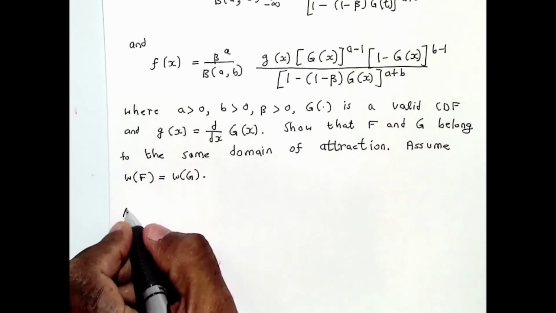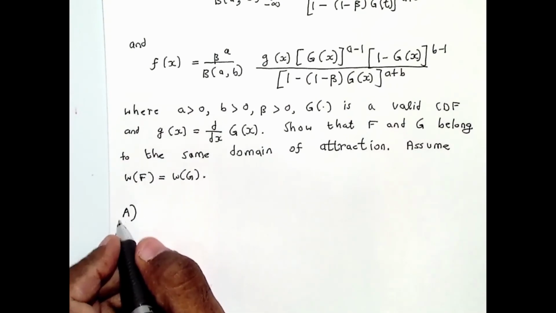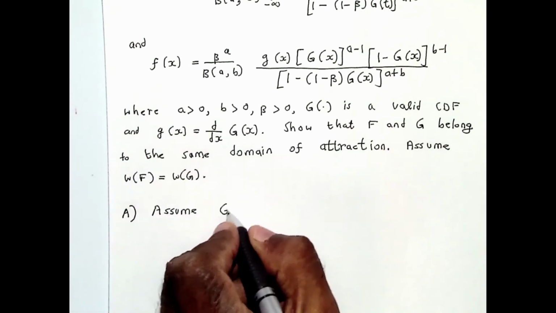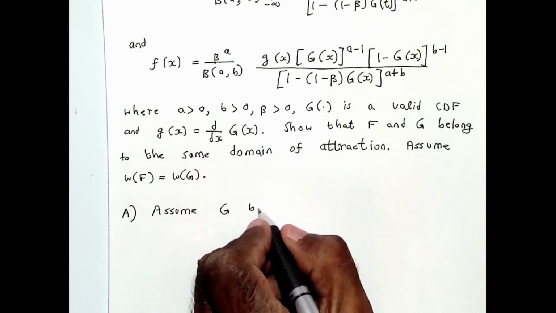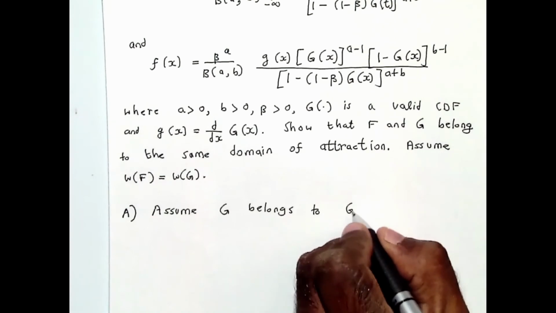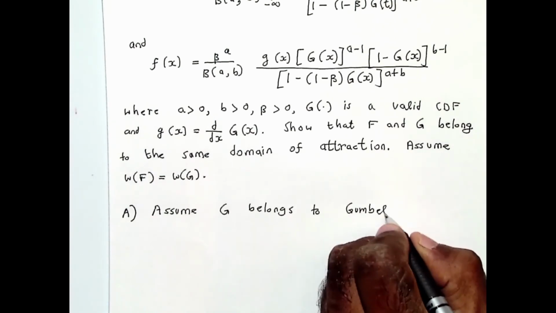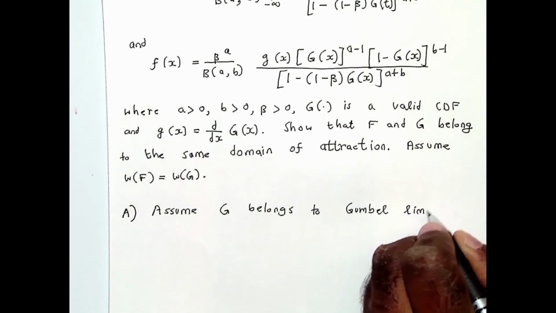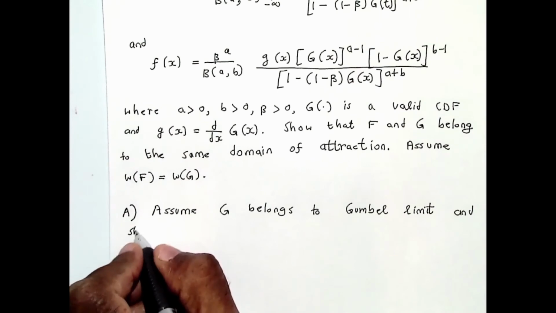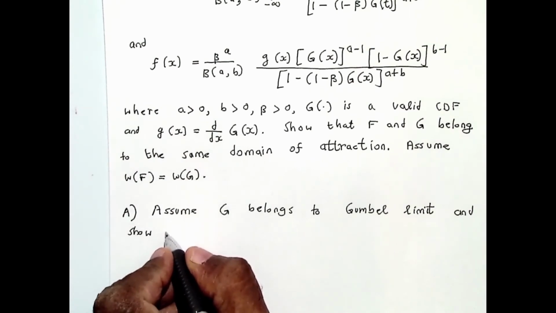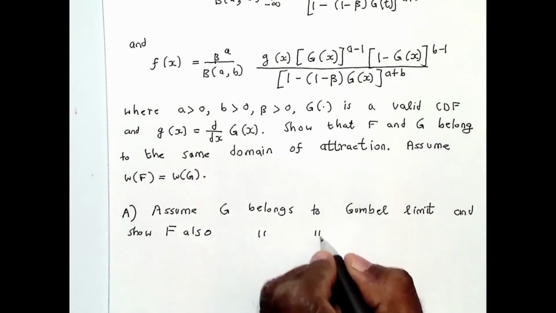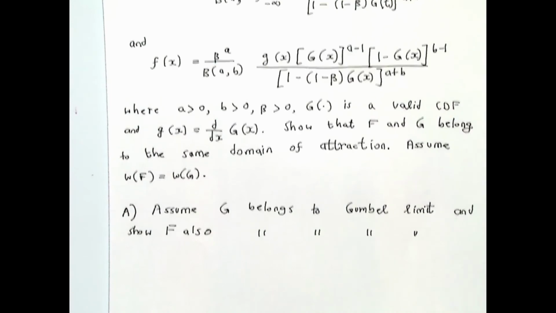Right, part A is to assume G belongs to the Gumbel limit, and show that F also belongs to the Gumbel limit. So this is part A.